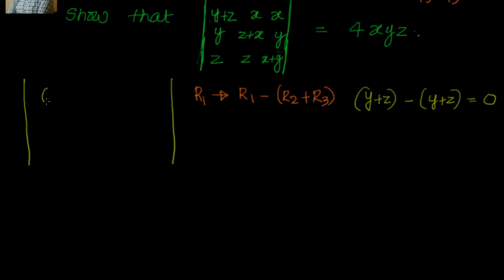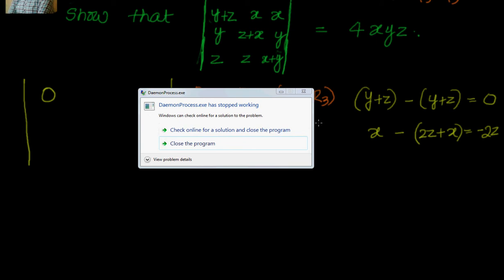So I can write 0 here. Let's go to the second element, that is x minus of R2 plus R3, that is z plus z plus x. That's x minus 2z minus x, nothing but equal to minus 2z. So I can go ahead and write minus 2z.